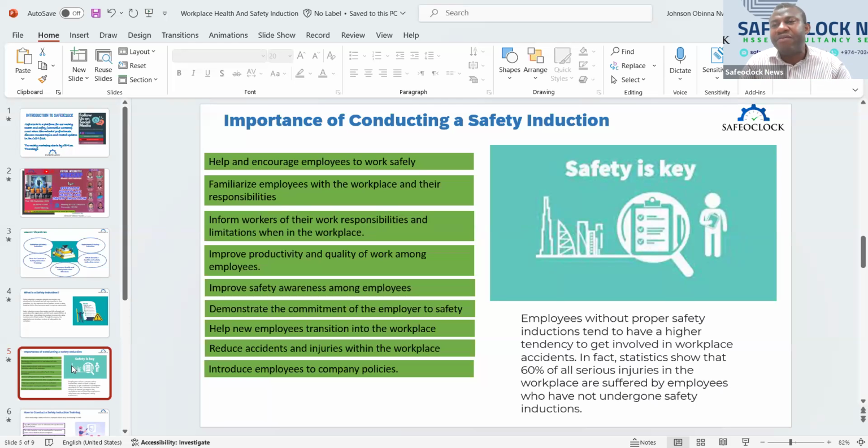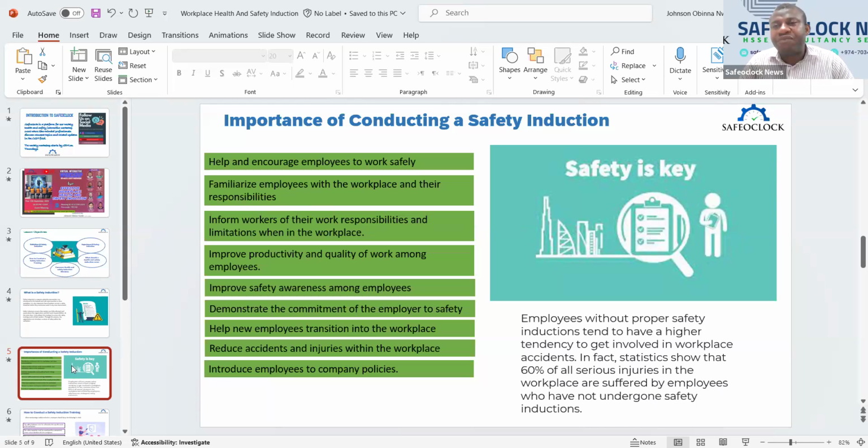Maybe he's coming from an environment where health and safety is not given maximum attention. So during the safety induction, you transition his mind. You try to equip him with the relevant information that he requires to ensure that he works safely in that work environment. Another important point is that it helps to reduce injuries and incidents in the workplace.